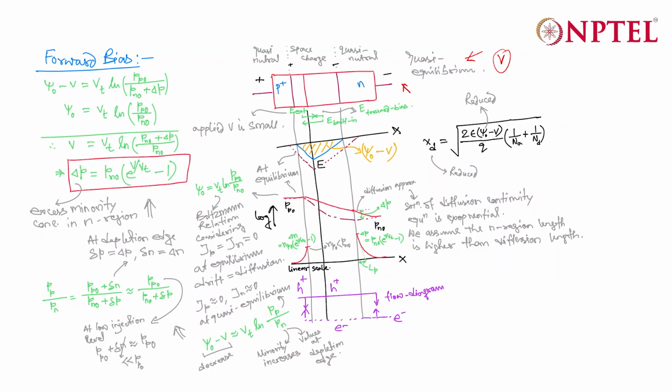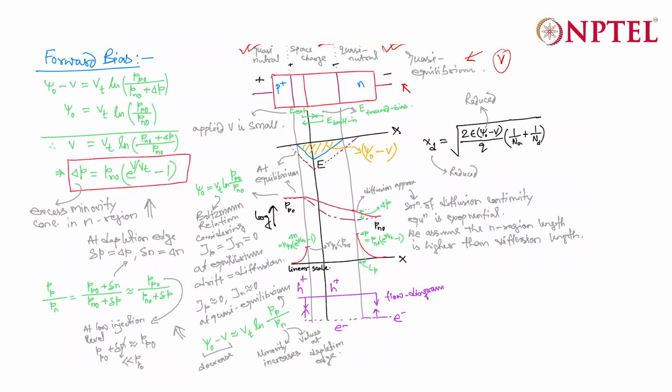So definitely the device will not be in equilibrium because you have an external stimulus, that is a voltage. But we kept the voltage low so that the device remains in the quasi-equilibrium situation. Okay. So in this quasi-equilibrium, you have three different regions: quasi-neutral in the p side, quasi-neutral in the n side, and then you have space charge region.